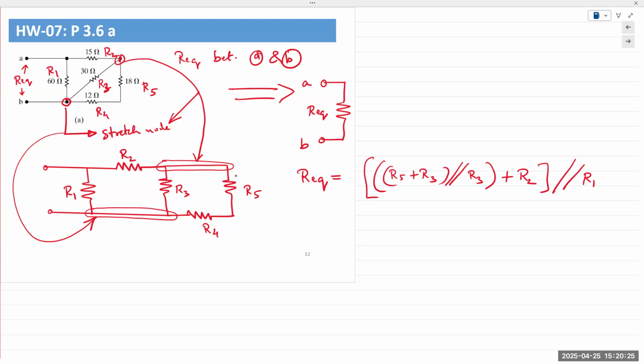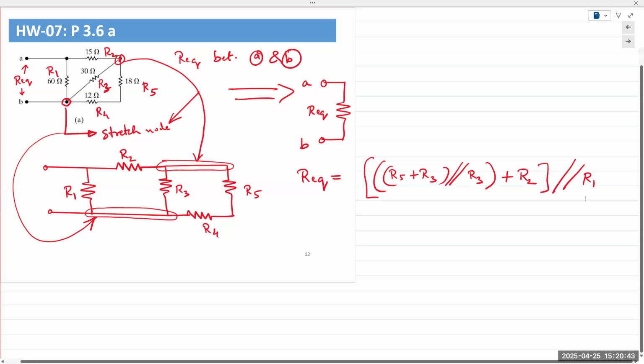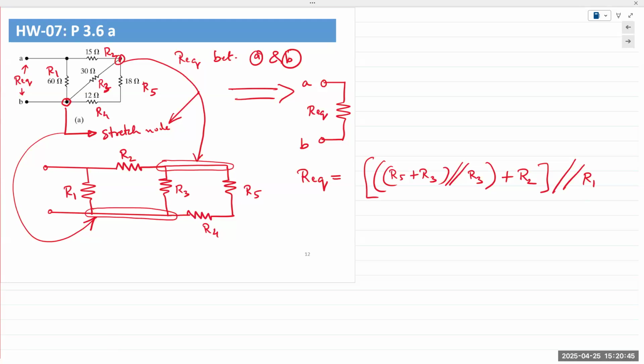So R4, R5 in series, parallel with R3, series with R2, and in parallel with R1. And that's it. Now it's plug and solve, and that is your homework problem number 3.6a. All right, let me know if you have any questions.